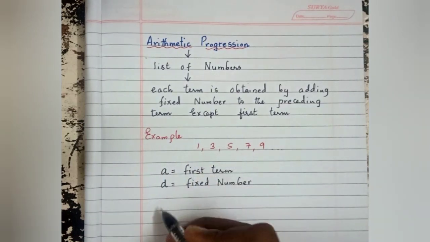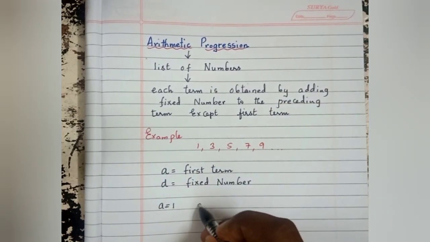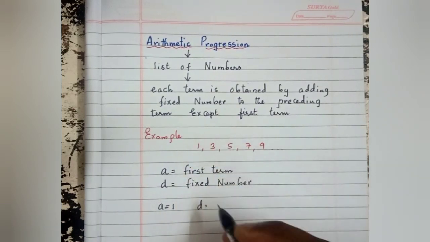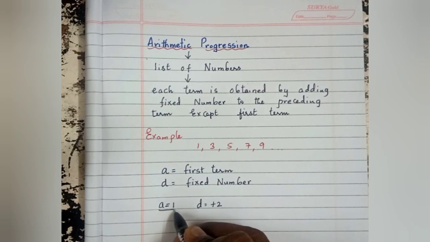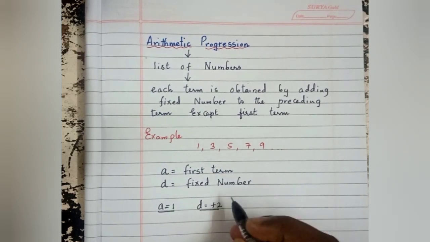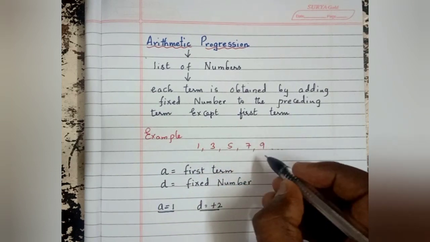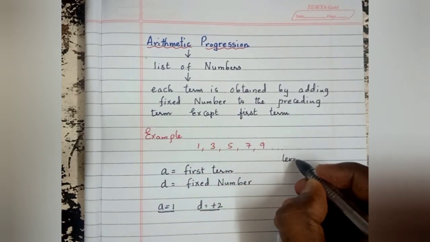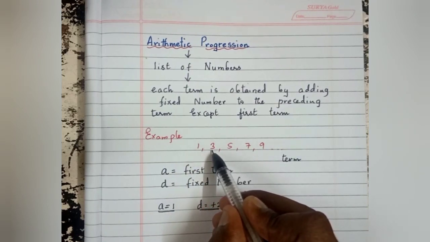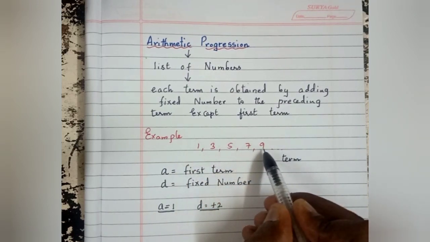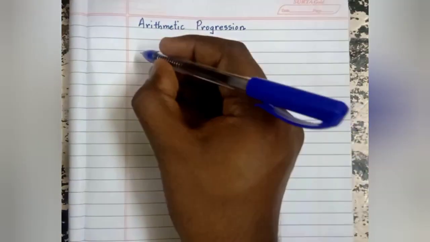A is the first term, D is the common difference. What is A here? A is 1, D is plus 2. Then each number of the arithmetic progression is called a term.